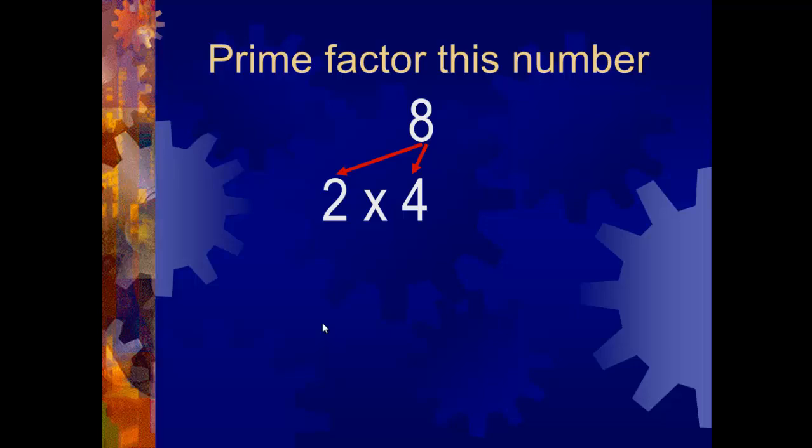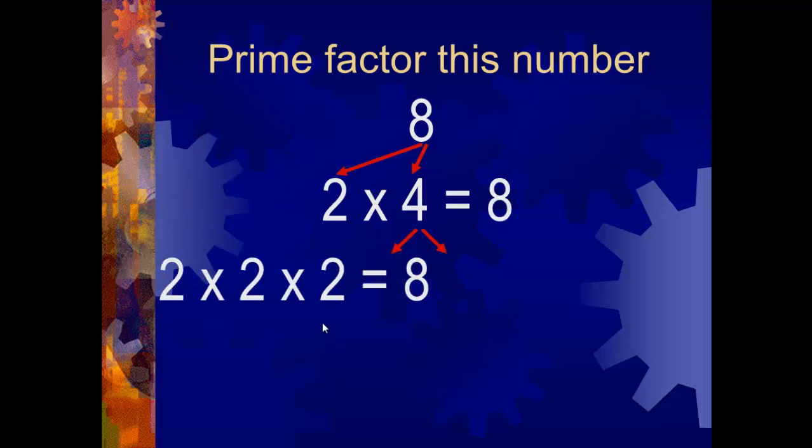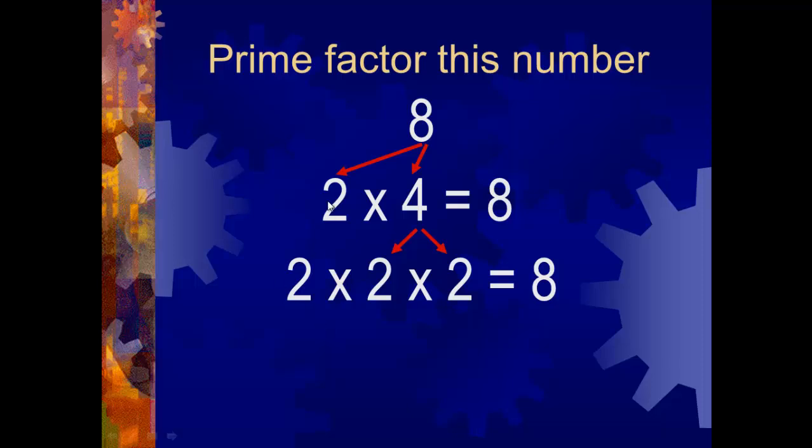So 4 is not a prime. We will break it into 2 numbers multiplied by each other from the timetable. 2 by 2. The first 2 down, 4, 2 by 2. So the prime factors here are 2 multiplied by 2 multiplied by 2 equals 8.